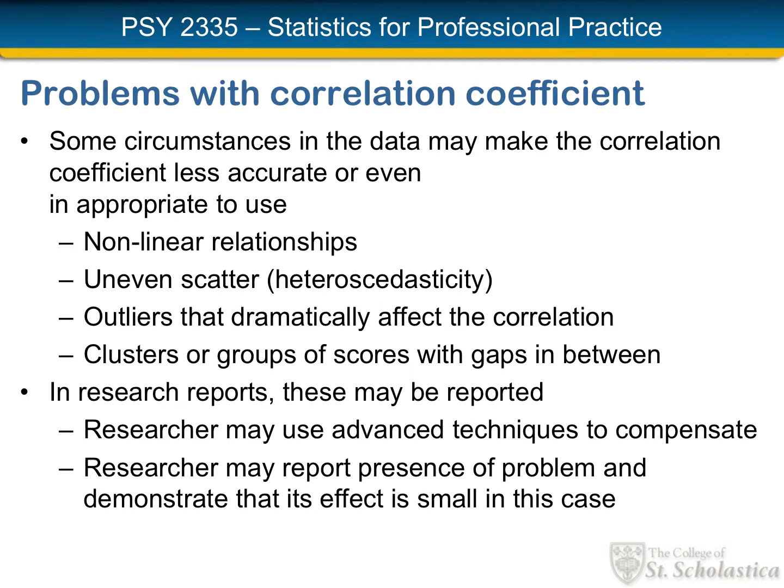When people encounter these in the data, they usually report it in the research. Sometimes they take special techniques and explain that in their methods section. Other times they simply report that this problem was there and that because of the problem, the correlation coefficients might be taken with a grain of salt. And we'll see what those look like in the actual scatter plots.